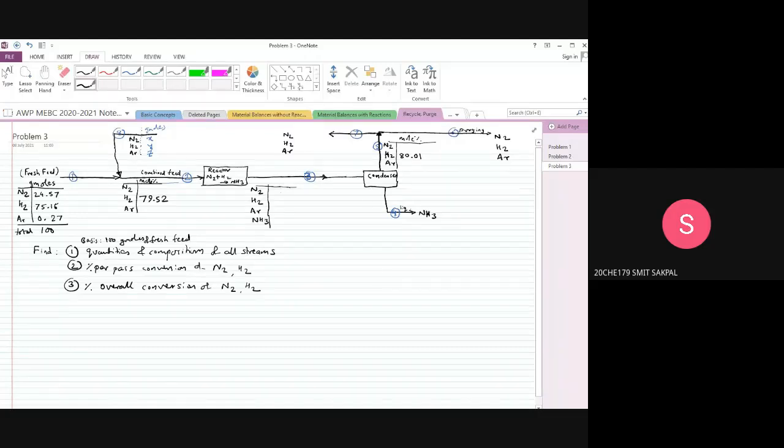Amount reacted of nitrogen. Okay. Do you want to solve, or do you need more time to solve? Sir, I need more time. Okay. How much time? 5 minutes, 6 minutes, 10 minutes? 5 minutes, sir. Okay, we'll wait.